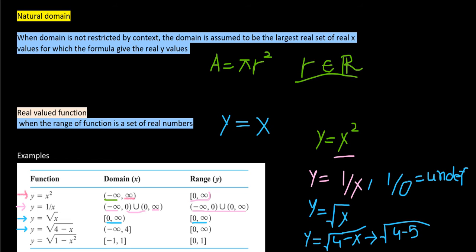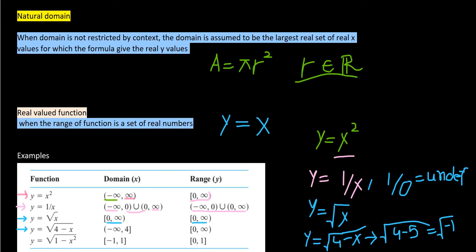Any value greater than 4 will not make our solution right. And here we get minus 1, which lies in the complex values.